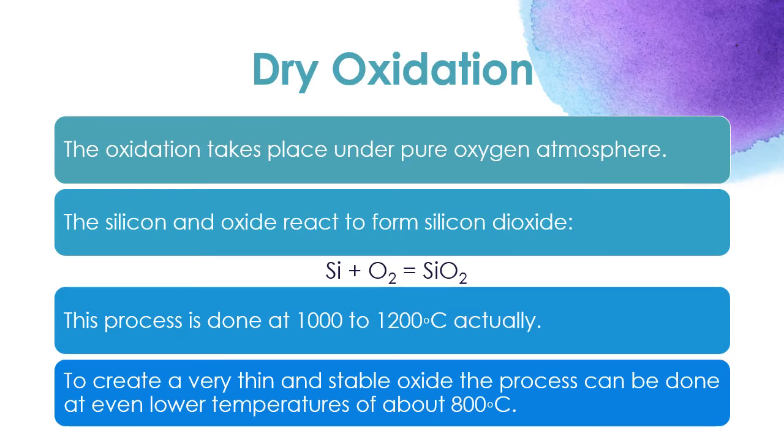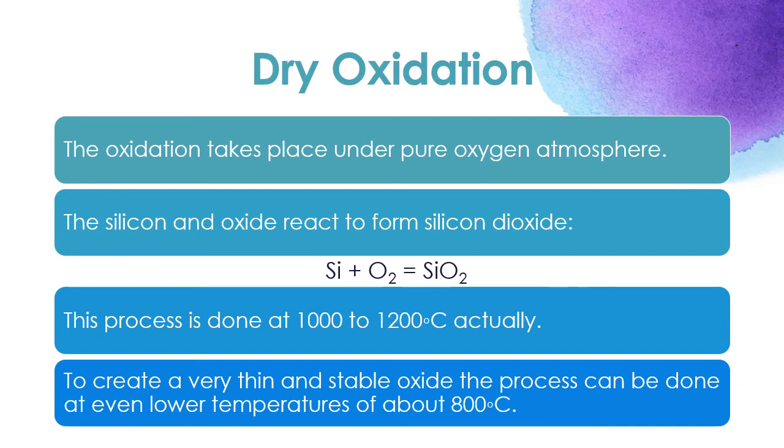For the dry oxidation process, the oxidation takes place under a pure oxygen atmosphere. The silicon and oxygen react to form silicon dioxide, as shown in the equation below: Si + O2 = SiO2.